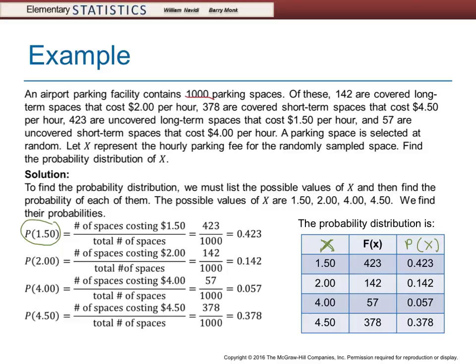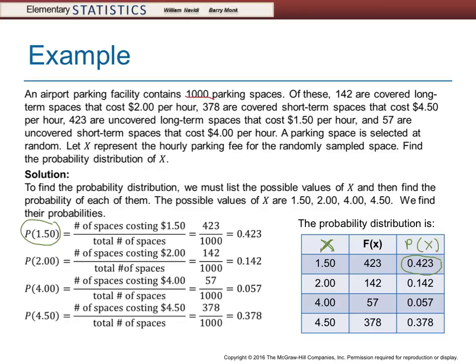In this case, it's 423 divided by 1,000, which is 0.423. And we can do this for the rest of the spaces, the $2, the $4, and the $4.50.